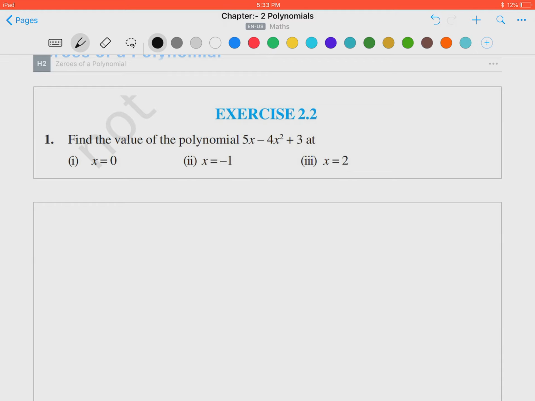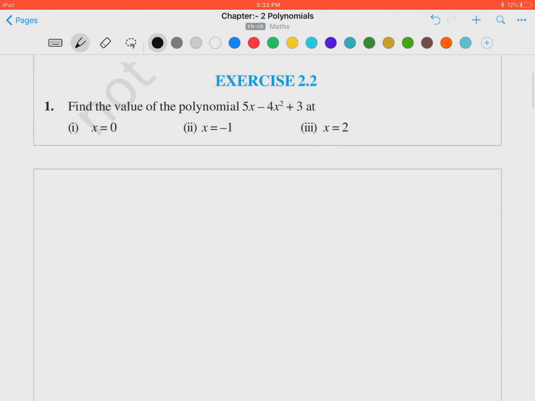First question here is: find the value of the polynomial 5x minus 4x square plus 3. Because this polynomial is in the variable x, we'll write it as p(x).